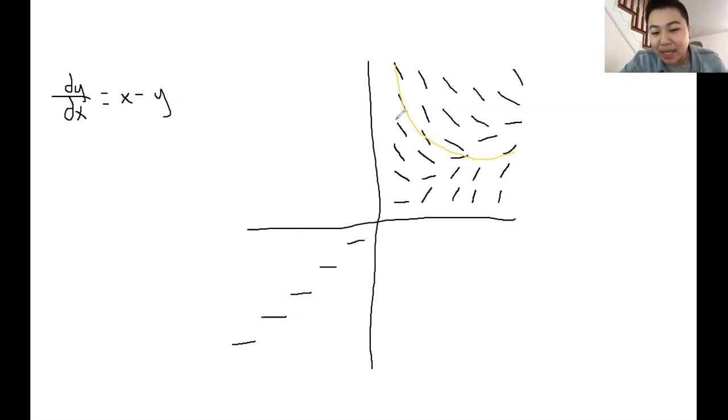You can connect these very small intervals of slopes, and then you eventually get things that look like actual equations, and those are part of the infinitely many solutions that you have for the differential equation.